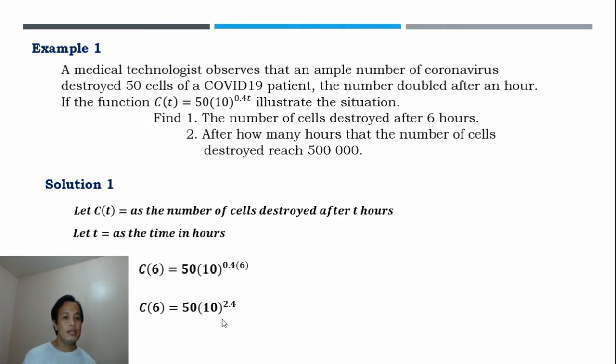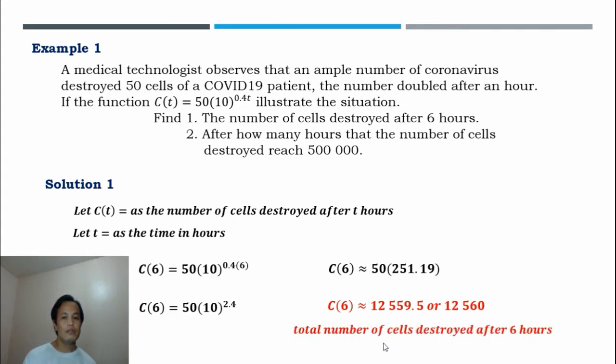By using a calculator, 10 raised to 2.4 is approximately equal to 251.19. We multiply this number by 50, so C of 6 is equal to 12,559.5, or rounded to the whole number, 12,560. So this is the total number of cells destroyed after 6 hours.